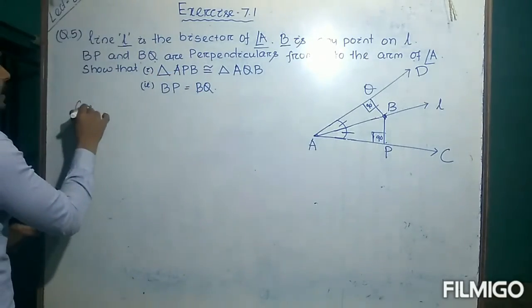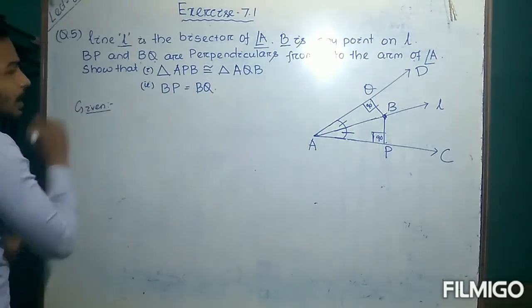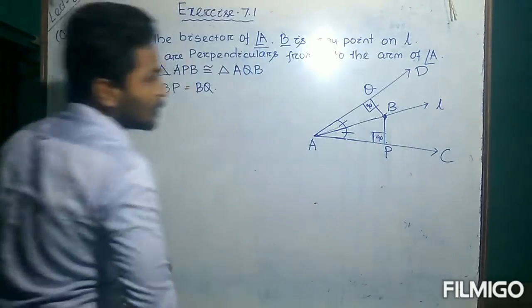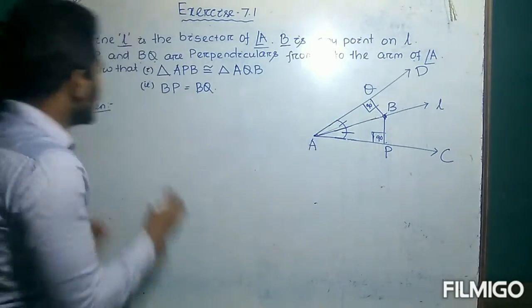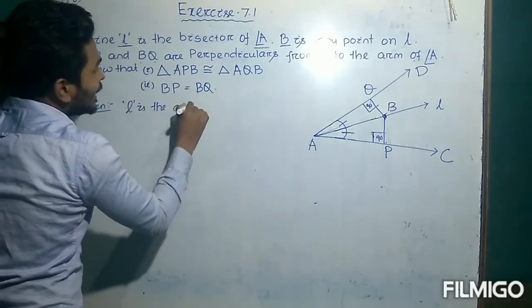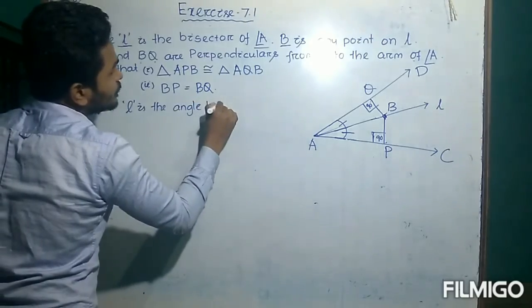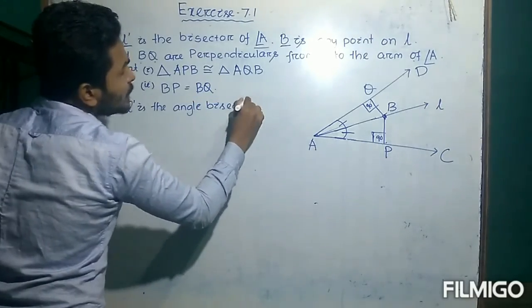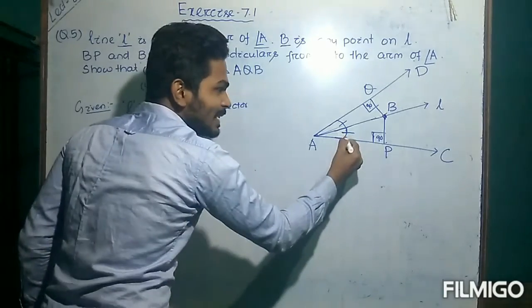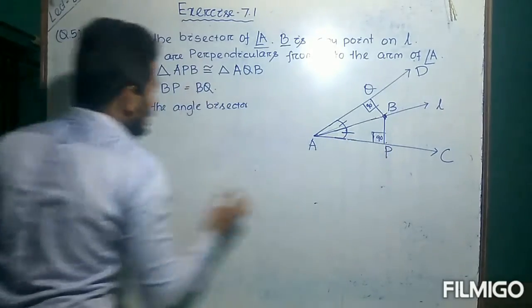So first write what is given in this question. It is given that L is the angle bisector. So can we write this angle is equal to this angle? Yes, we can write. This angle means PAB.